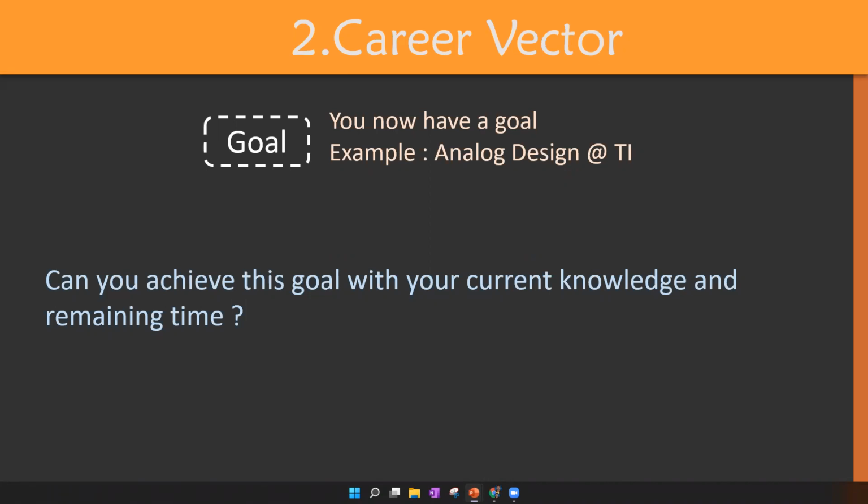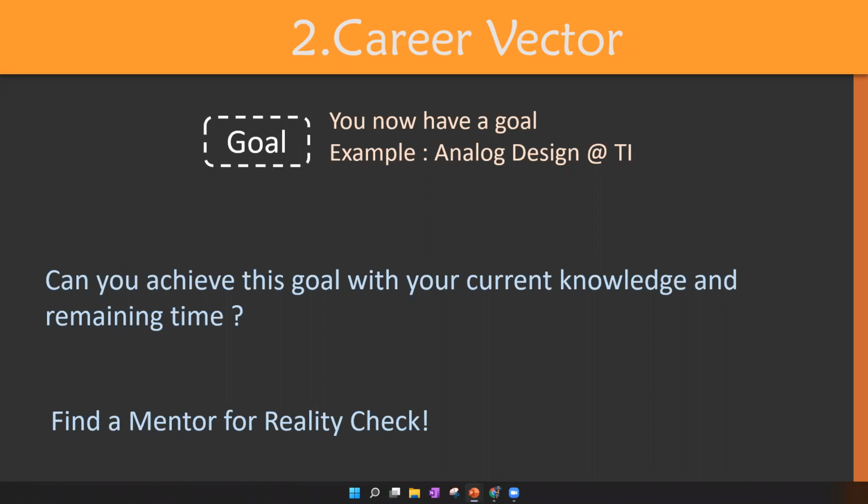That is where a mentor comes in. So you need to find a mentor who has been through that, who knows what it takes to achieve that goal and can give you a reality check. This is a very important thing. I see many students who have certain goals, but they're finding it very difficult to achieve them because they don't have the right guidance.